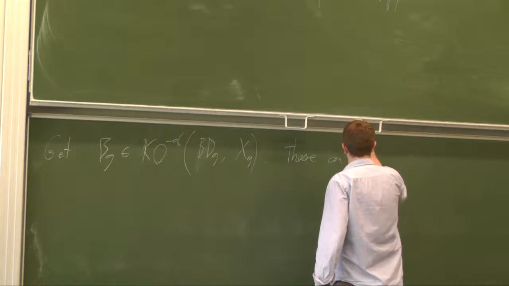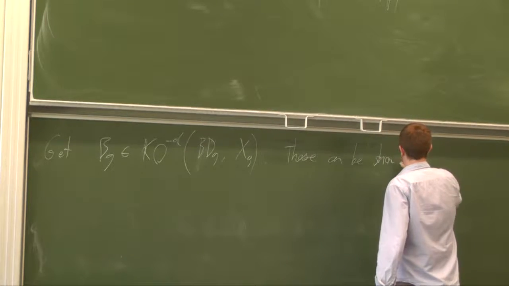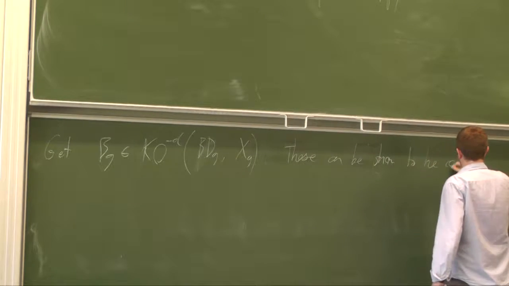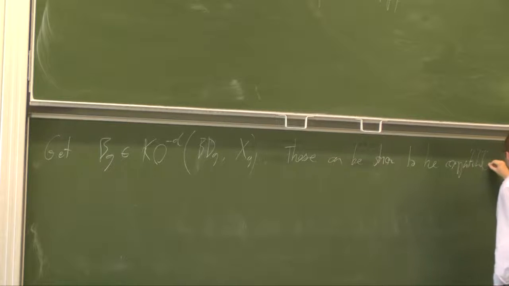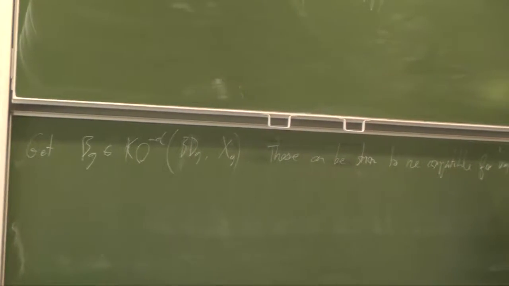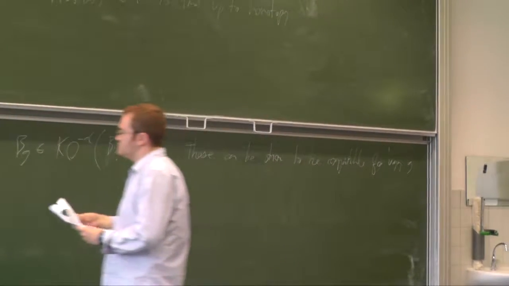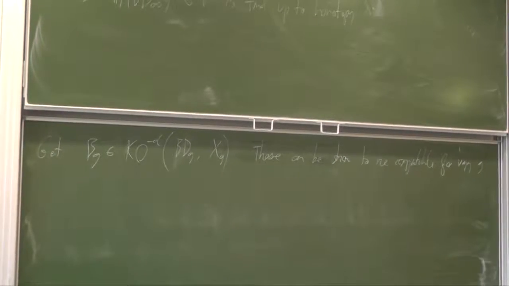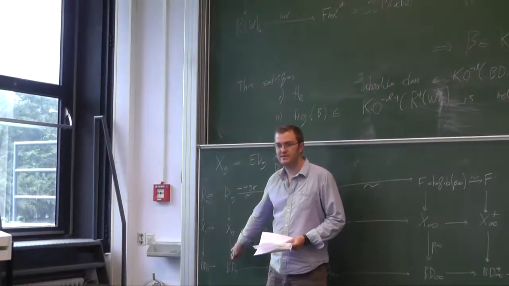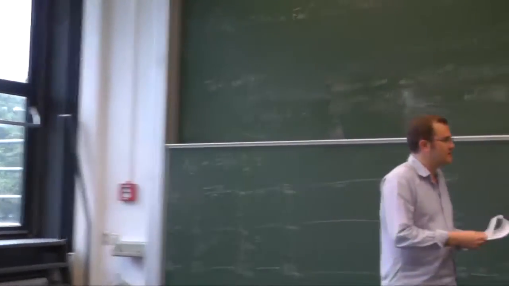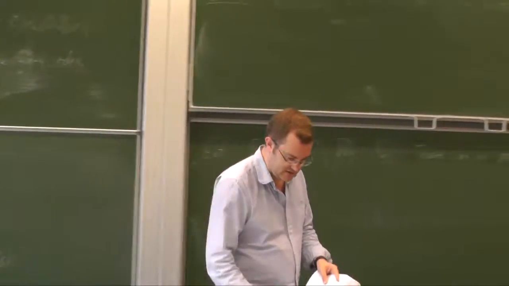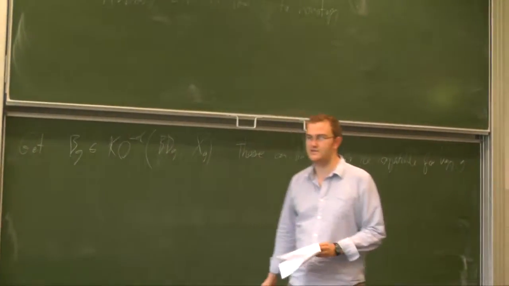These can be shown to be compatible with varying G. So if I take the one here and pull it back, I get beta. So this is sort of thing that I certainly can't do. This is Johannes Ebert's work.